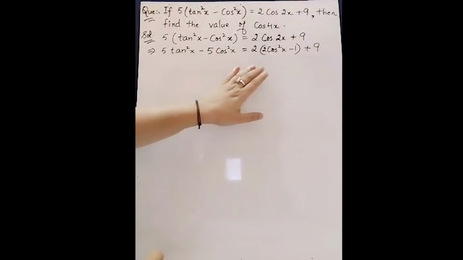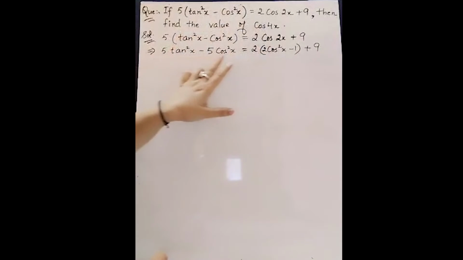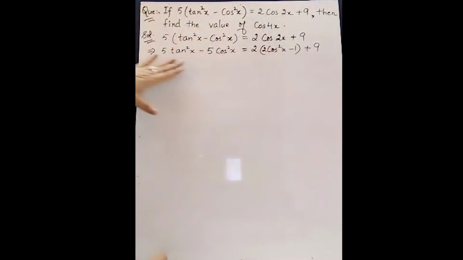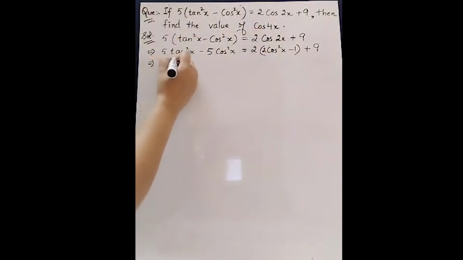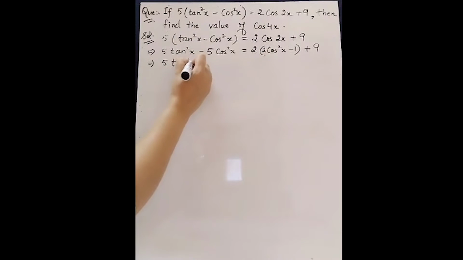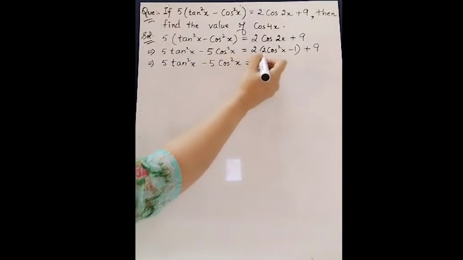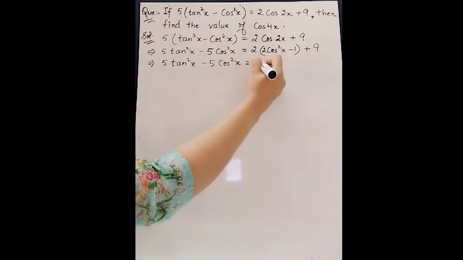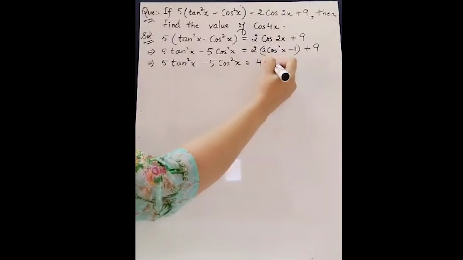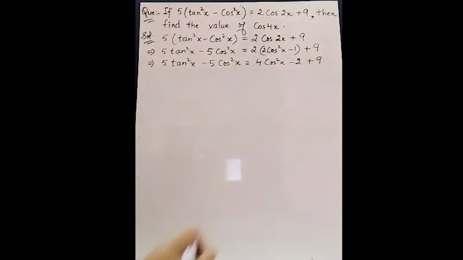As you can see, we have to solve this question for cos. That's why we will change this whole equation into cos. Now solve this part: 5 tan square x minus 5 cos square x. Here there is also a bracket, and 2 is multiplying with this whole bracket. So solve it like this: 2 twos are 4 cos square x minus 2 plus 9.